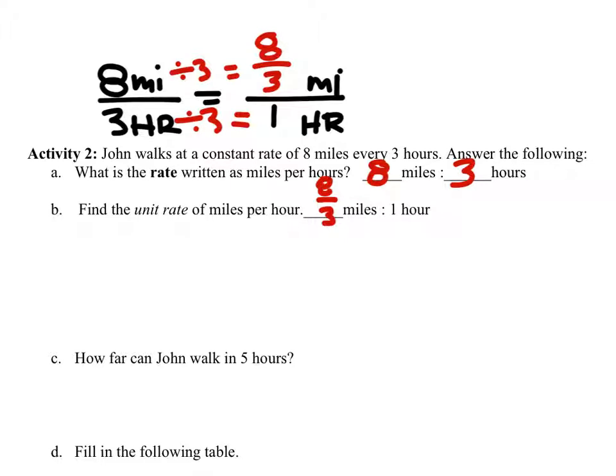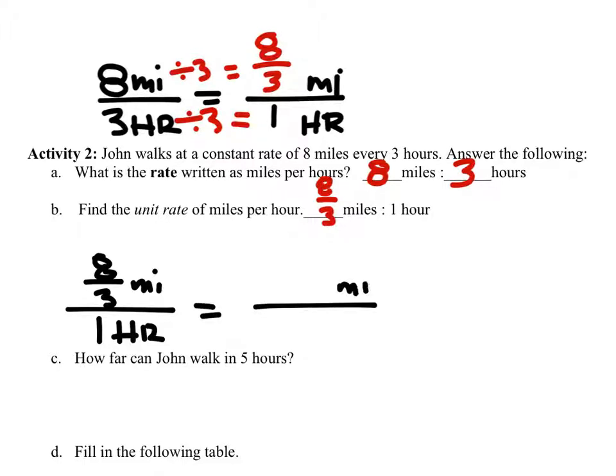Yeah, good. So 13.3 repeating or 40/3. Let's look at how we get that. I'm going to go back to the unit rate, which we already saw is 8/3 miles for every 1 hour, and this needs to equal some number of miles for 5 hours. So how do we get that 40/3 or 13.3 repeating?